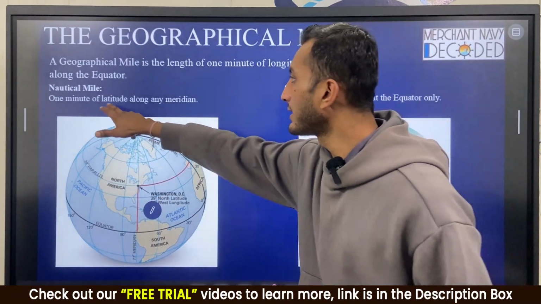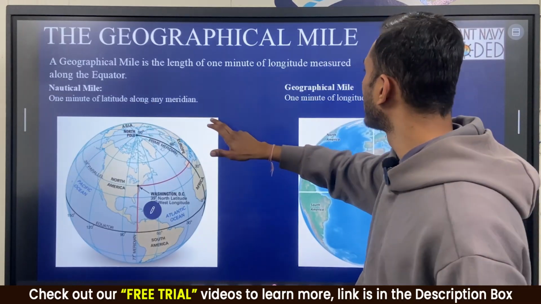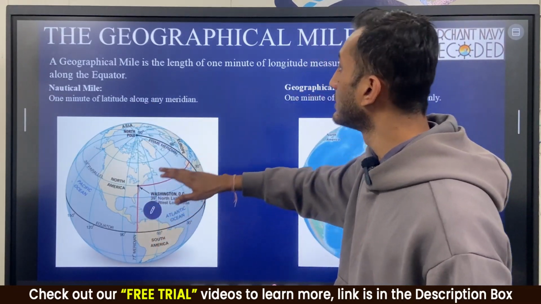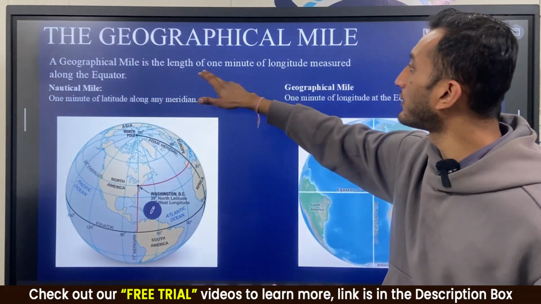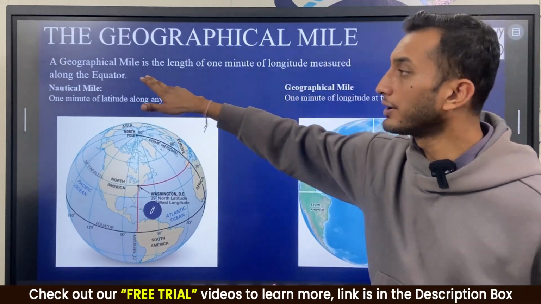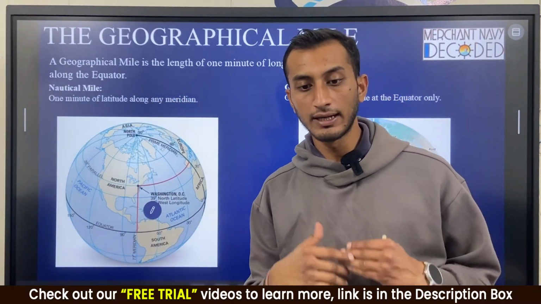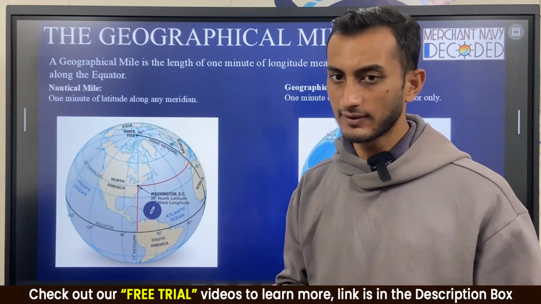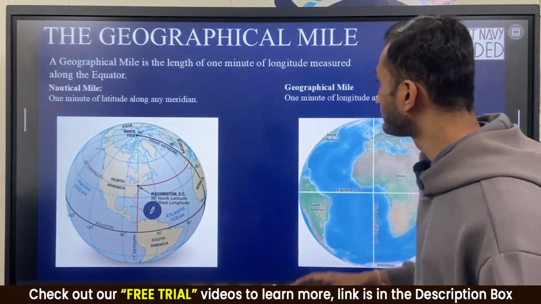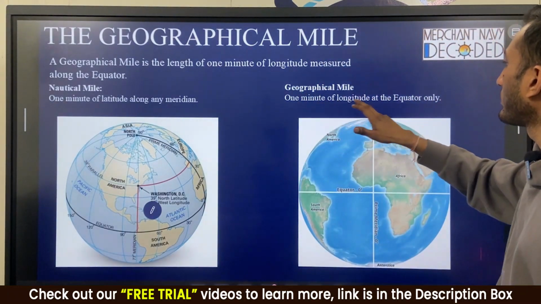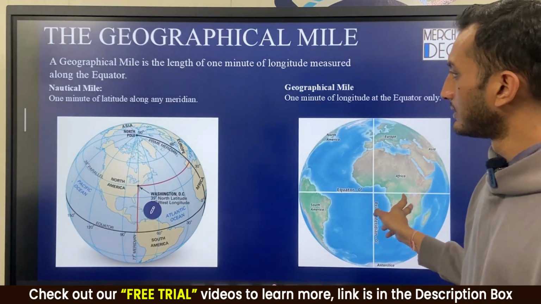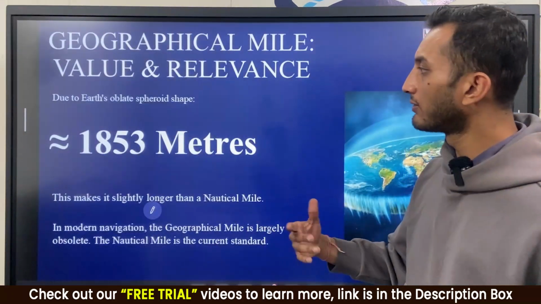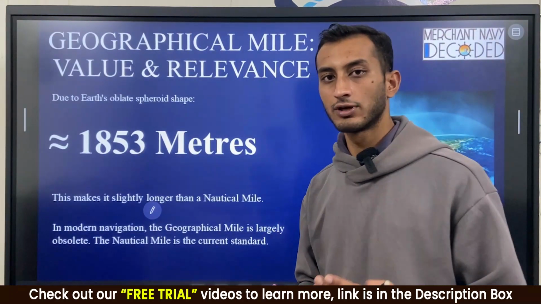This is longitude. Geographical mile is the length of 1 minute of longitude measured along the equator. I hope I could explain better what geographical mile is. 1 minute of longitude at the equator only. That is the difference between nautical mile and geographical mile.